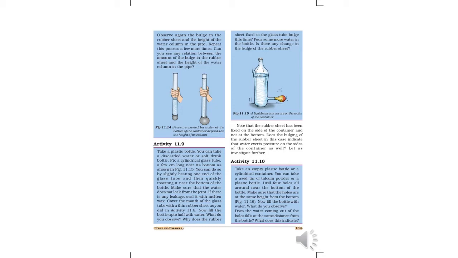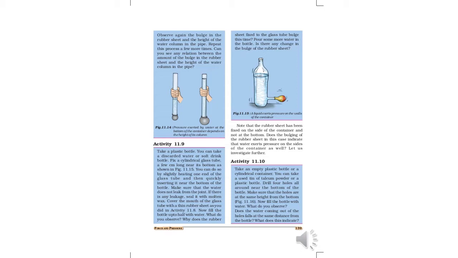This shows that liquid exerts pressure on the wall of the container. On adding more water in the bottle, the bulging of the rubber sheet increases. First there was very small bulging. When more and more water is added, more pressure is exerted on the wall of the container, and the rubber sheet or the balloon bulges more and more. This shows that the pressure exerted by the water on the wall increases.